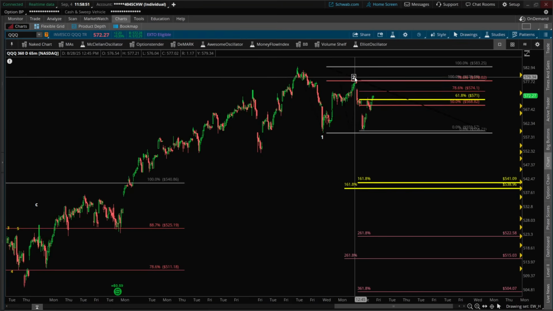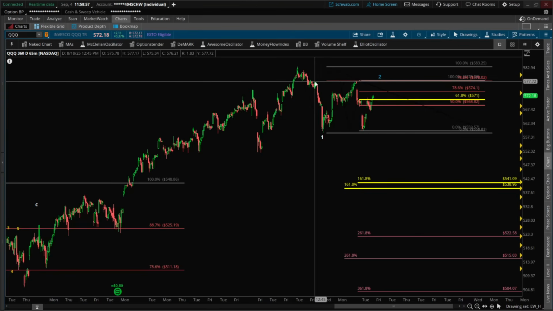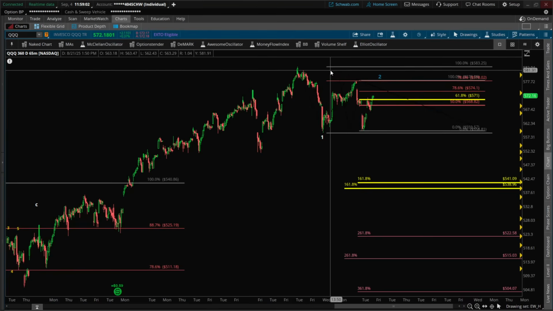Okay, and that would give us a flat pattern for the Qs, while SPX or SPY, yes, they make a new high.